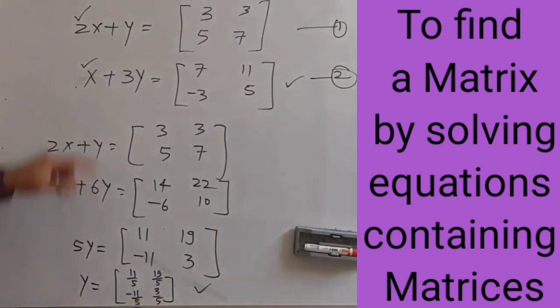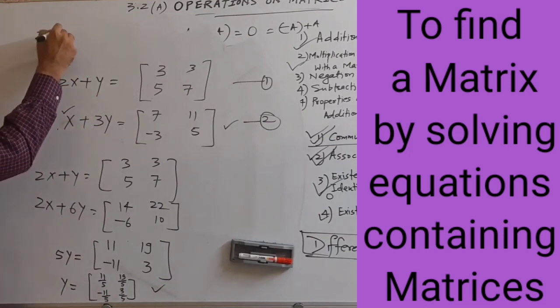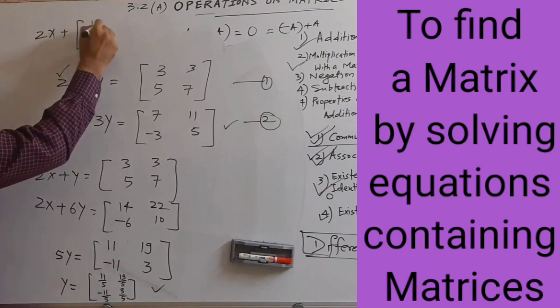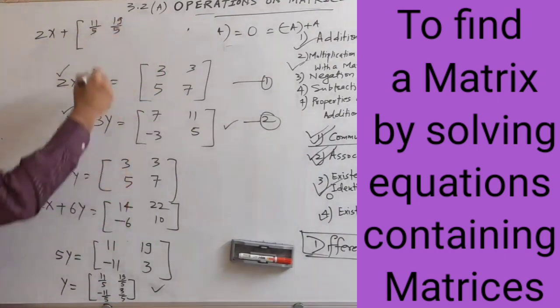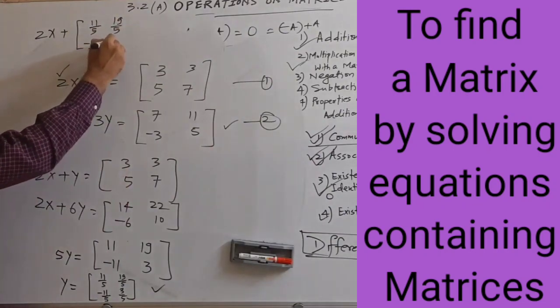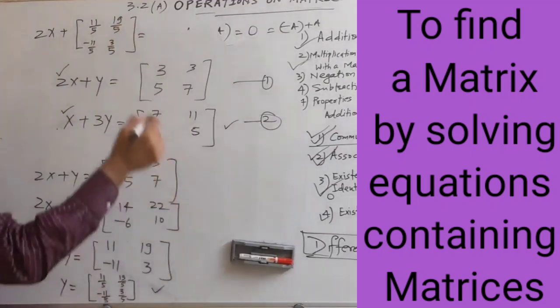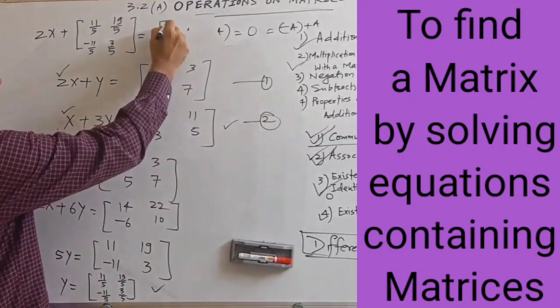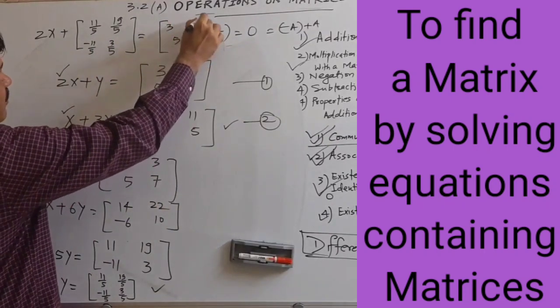Now we put the value of Y in this equation. What it gave us? 2X plus 11/5, 19/5, minus 11/5, 3/5 is equal to 3, 3, 5, 7.